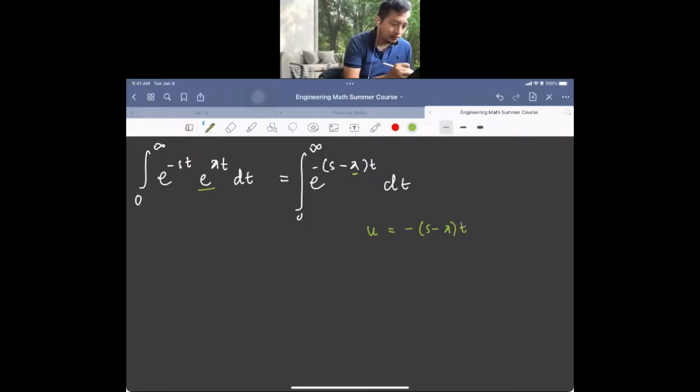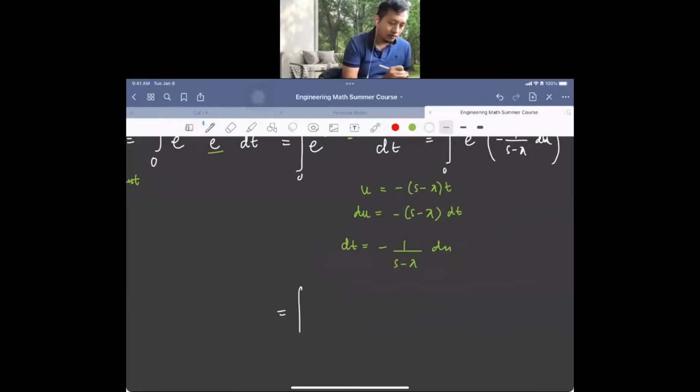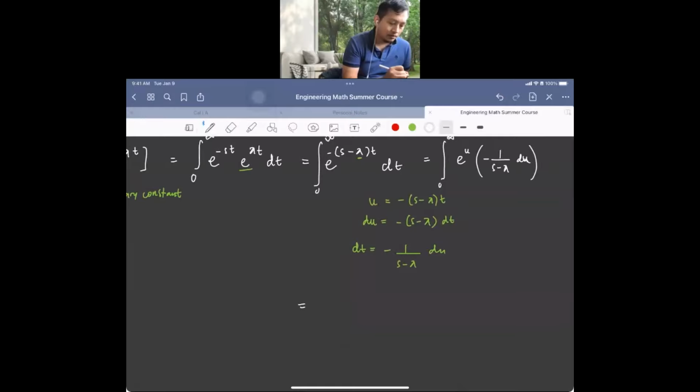Substitute all of this as u, and du will be, treating s and lambda as constants, negative s minus lambda times dt. So this is e to the u, and e to the power of u integrates to just e to the power of u, so we write it as it is. I think we can get the integration directly.